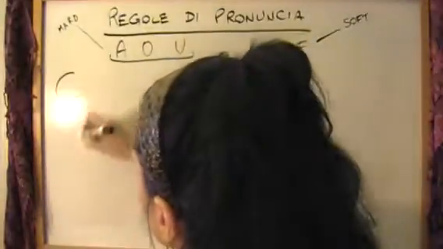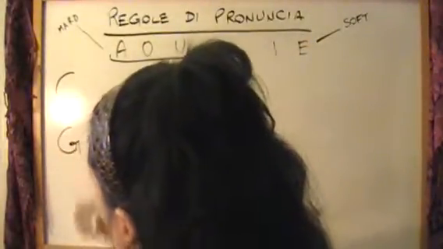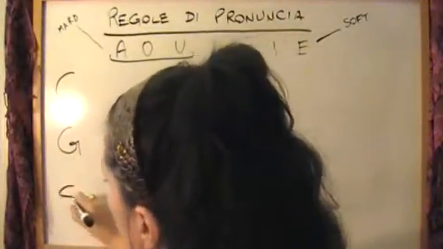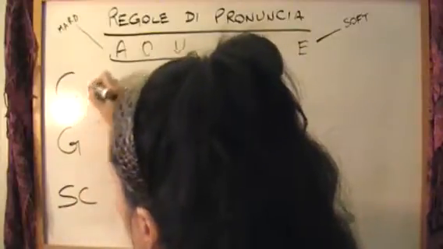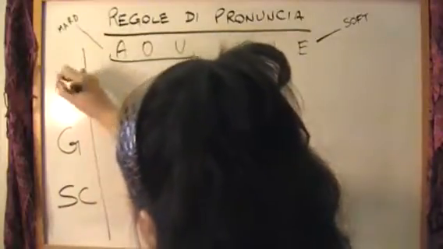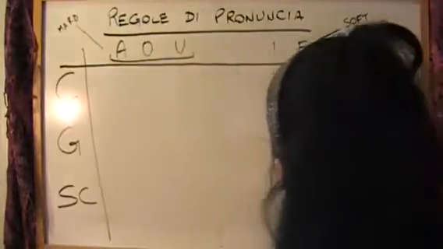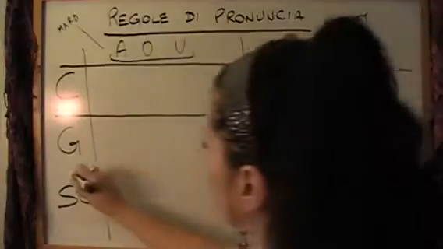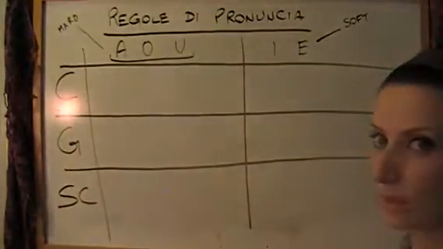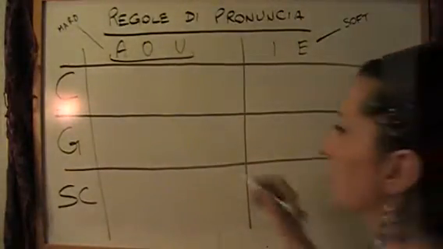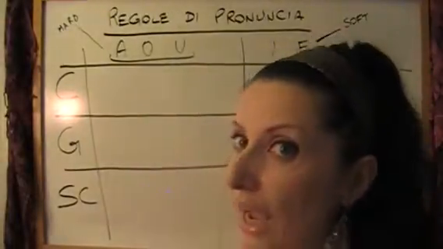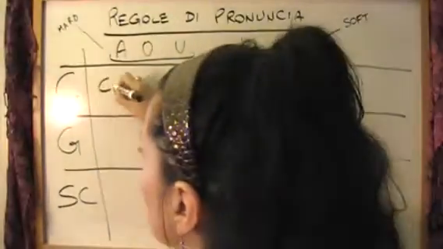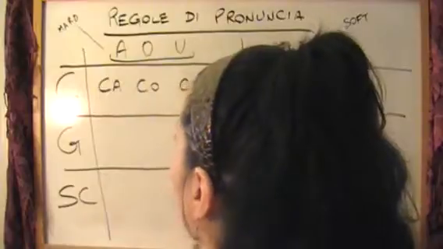So now let's write also the letter G and its sound. Let's do this with the 5 vowels divided in 2 groups. Okay, this way. Now let's see what happens. If you have this letter with one of the hard vowels, the sound is hard.